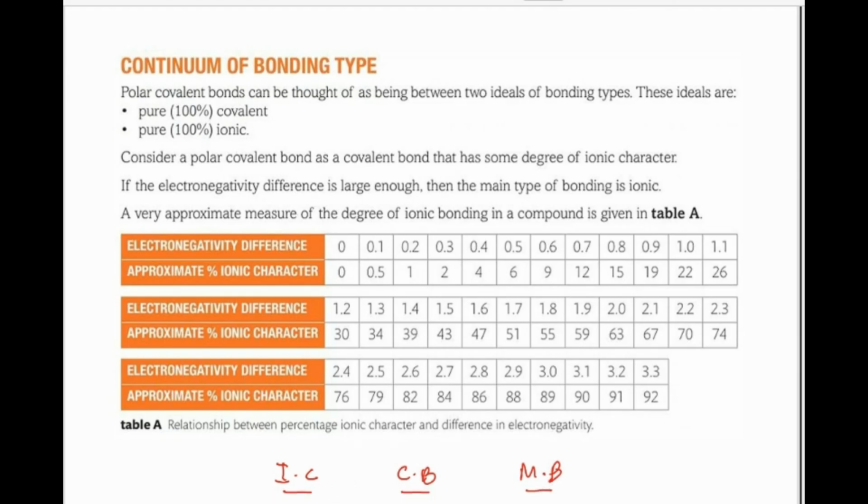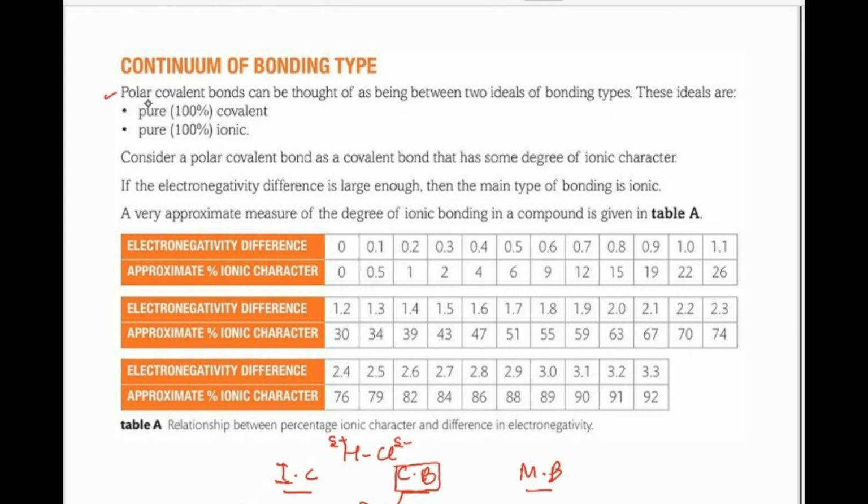Now they're saying that the covalent category can blend with ionic character, because polar molecules tend to have certain characteristics of an ionic compound since they're polar in nature. For example, hydrogen was partially positive and the other atom partially negative. So because of the electronegativity difference, they get some characteristics of an ionic compound as well.